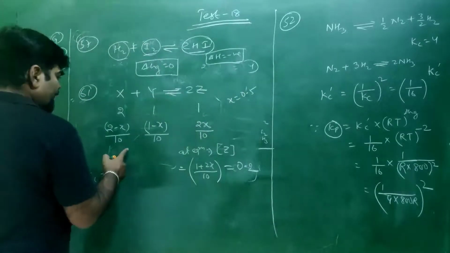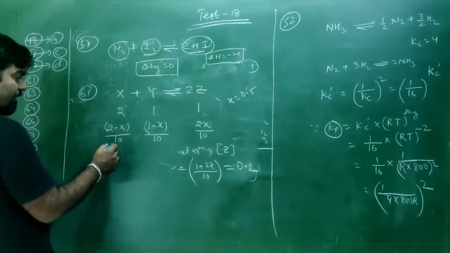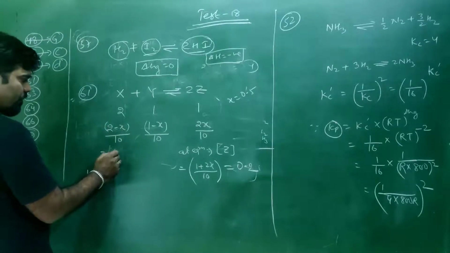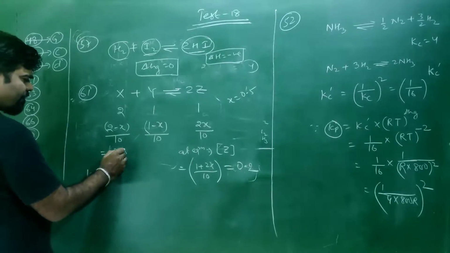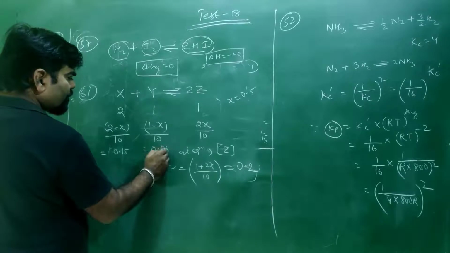If we put it here, X will be 2 minus 0.5 by 10, that is 1.5 by 10, which is 0.15. Y is 0.5 by 10, which is 0.05.